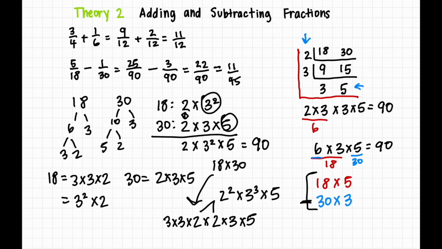And personally, I included this in the review of adding and subtracting fractions because I think finding the least common denominator of fractions is the hardest part about adding and subtracting fractions.